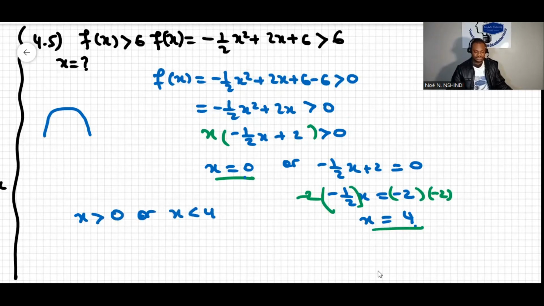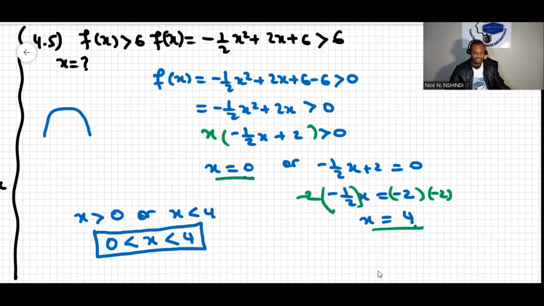We can write this as 0 is less than x and x less than 4. So this is the interval we're looking for, the values of x for which f of x will be greater than 6. Thank you.